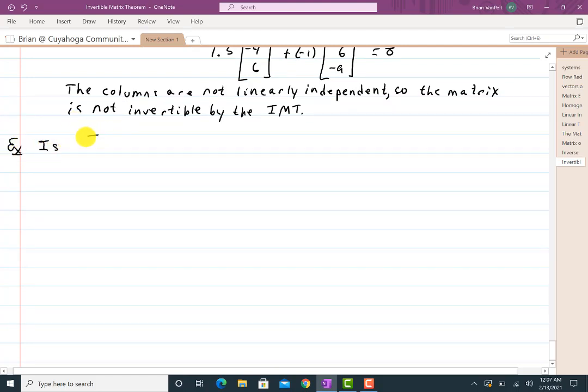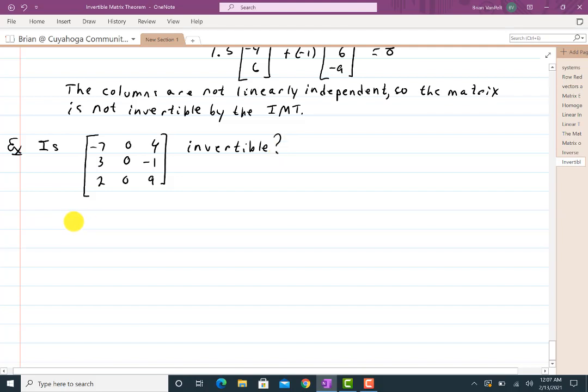Here's the matrix I'm going to give you: -7, 3, 2, 0, 0, 0, 4, -1, 9. Is it invertible? Well, here you can do the following.